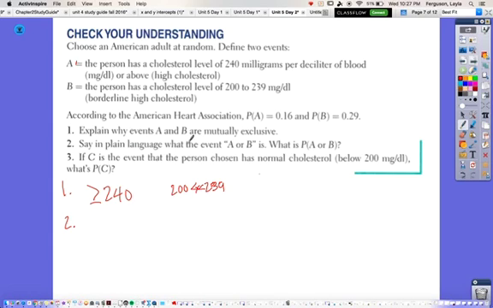Say in plain language what the event A or B is. So basically, what is the probability of A or B?